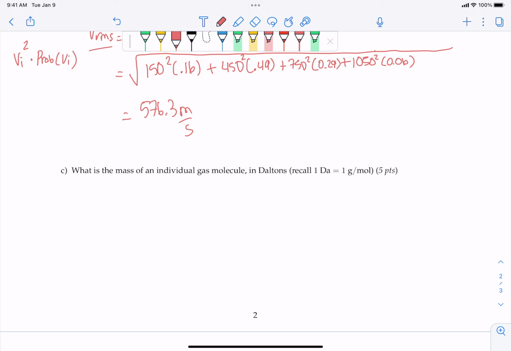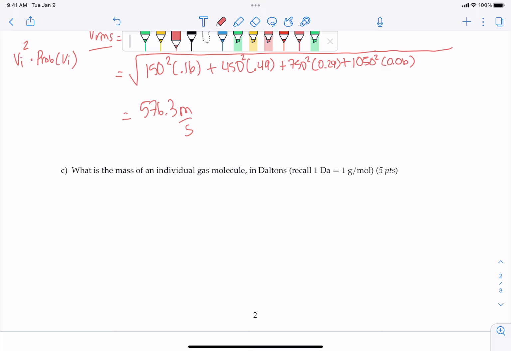So essentially we're just looking for the molar mass, right? Because if we have the molar mass, for example, say 150 grams per mole, then we know that 1 gram per mole is 1 Dalton, so 150 grams per mole is 150 Daltons. So that's our mass in Daltons.